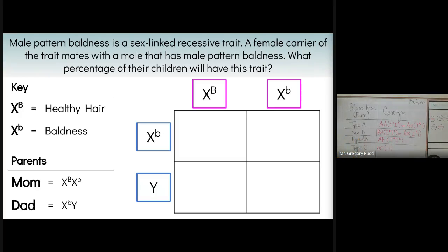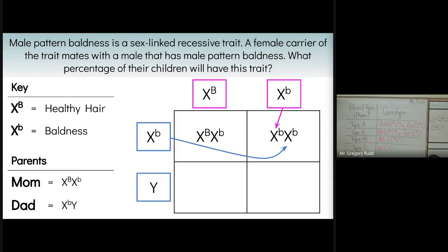I'll start with you. Which one is going to go? Good. Drop down. Lauren, which one here? Wait, I didn't hear you. Good. So we are both lowercase.